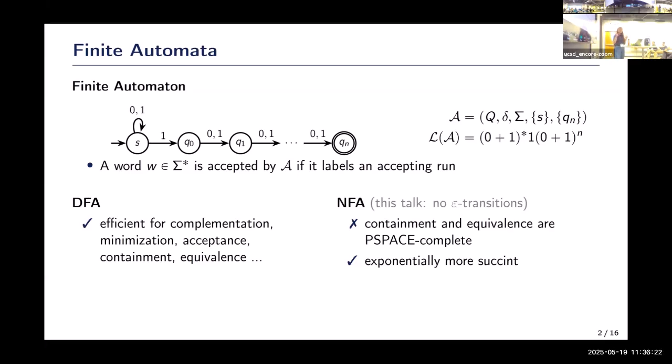If you look a bit further at what differentiates a DFA from an NFA, you can look at how many runs are actually accepting. I told you that a word is accepted by my NFA if there's at least one run from a starting to a final state.